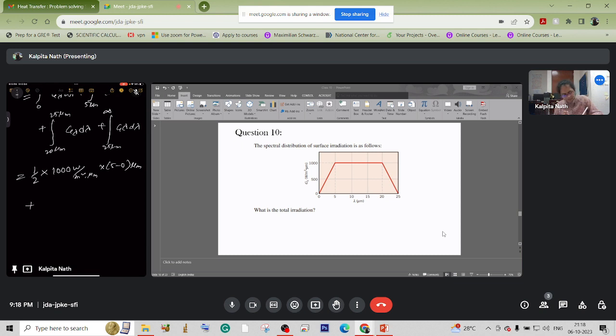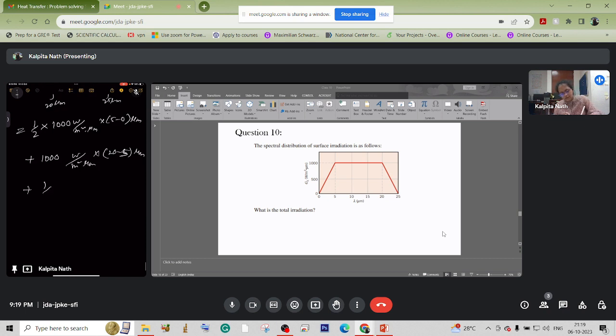Plus then it is a rectangle, so this is 1000 watt per meter square micrometer into 20 minus 5 micrometer.